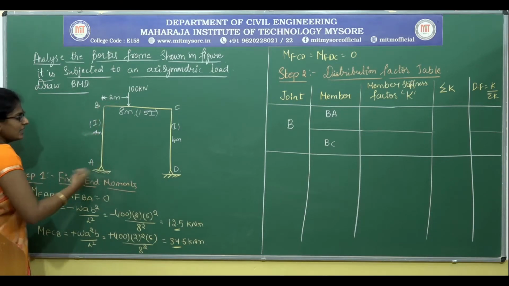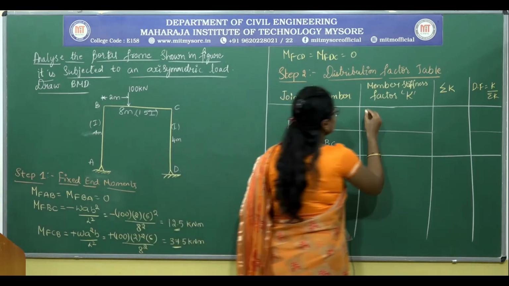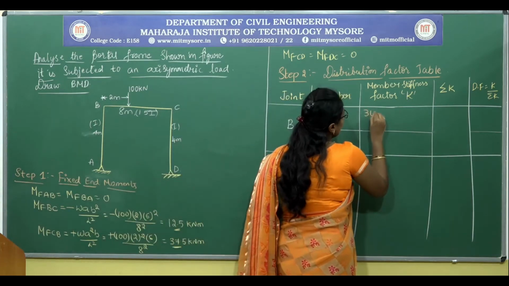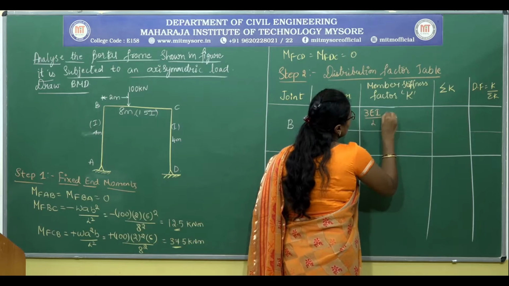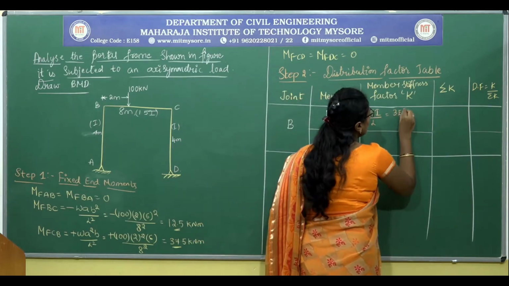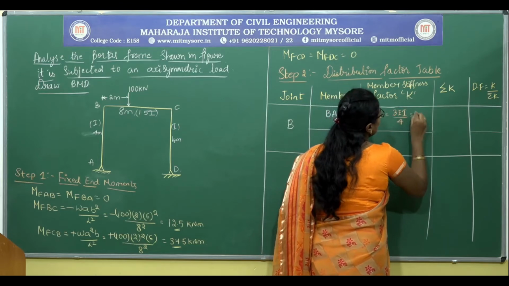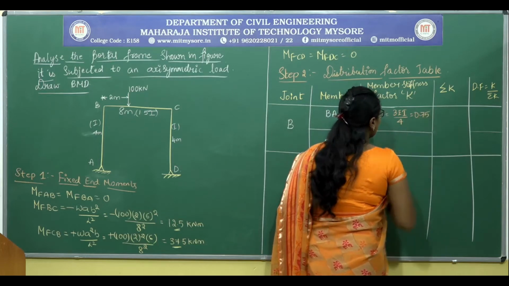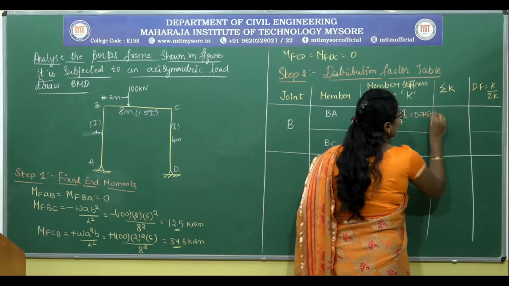Since the far end is hinged, the stiffness value is given by 3 EI by L. Here EI is 1 and length is 4, that is equal to 0.75 EI.